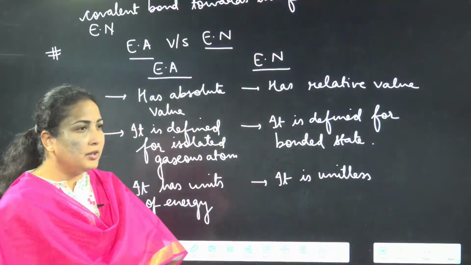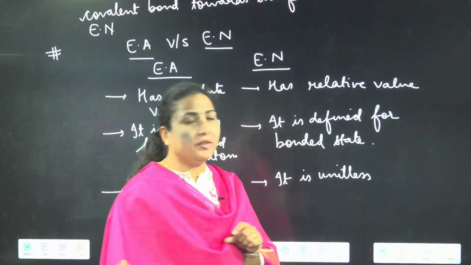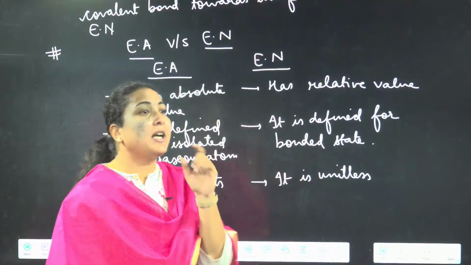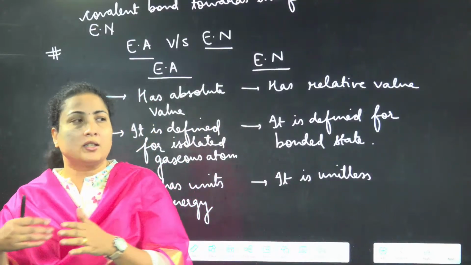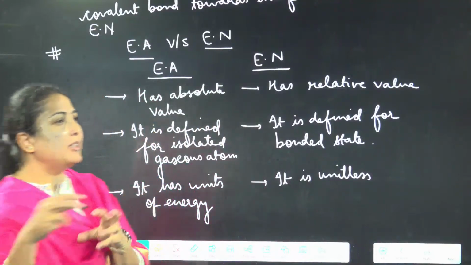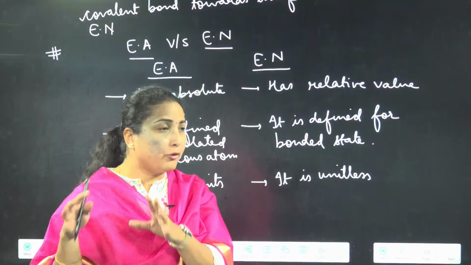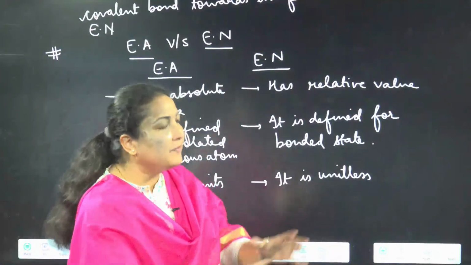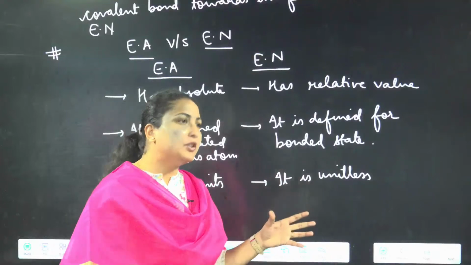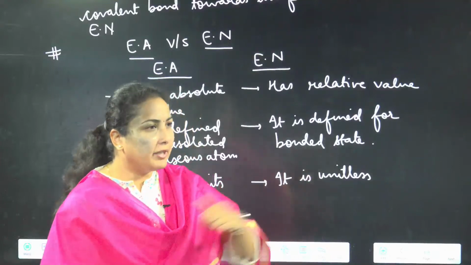That has absolute value. Now, when I talk about electronegativity, I am saying it's a relative value. Relative value means you will realize soon that on the Pauling scale, basically we'll be taking the reference of fluorine there, right? So based on that, we are going to have the values of electronegativity for the rest of the elements, right? So relative to a particular element.